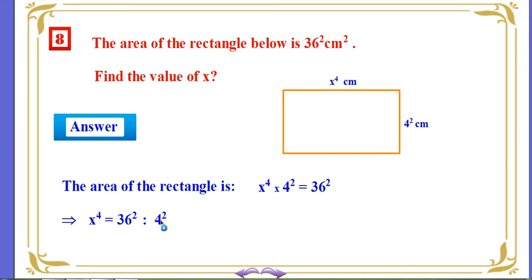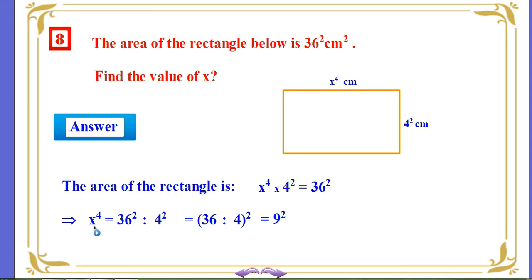Note, however, that the exercise does not ask for the length, but for finding x. Then we have 36 divided by 4, and then the power 2. Then we have 9 to the power 2.